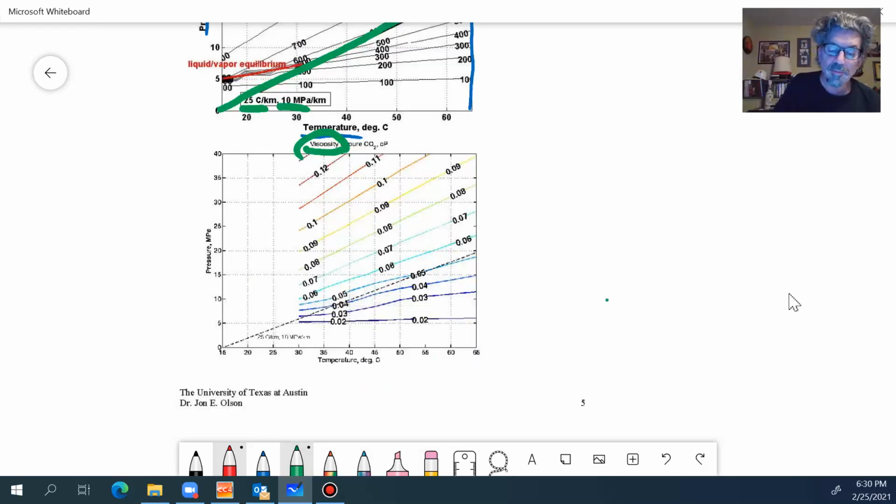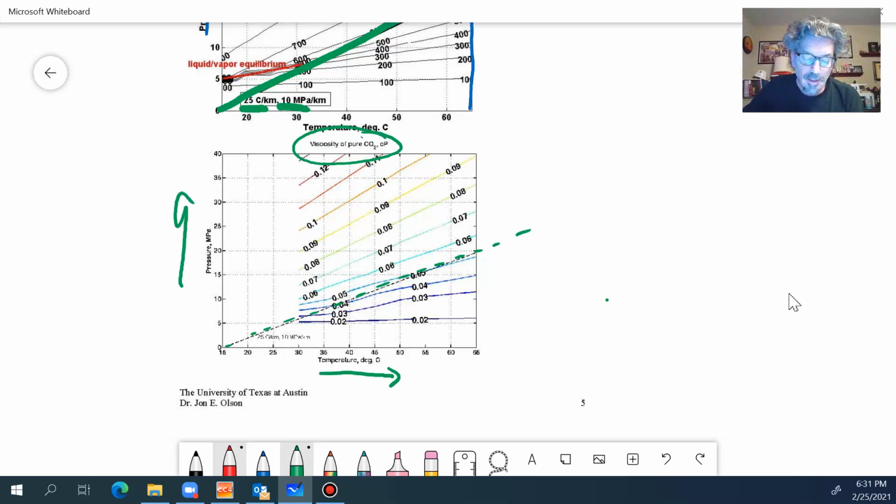The other CO2 property we need is viscosity. Okay, so this is a viscosity chart, and again, you're given this gradient line, and so here this is temperature and pressure, and let's just say our point was right there, then we're at 0.04 centipoise.